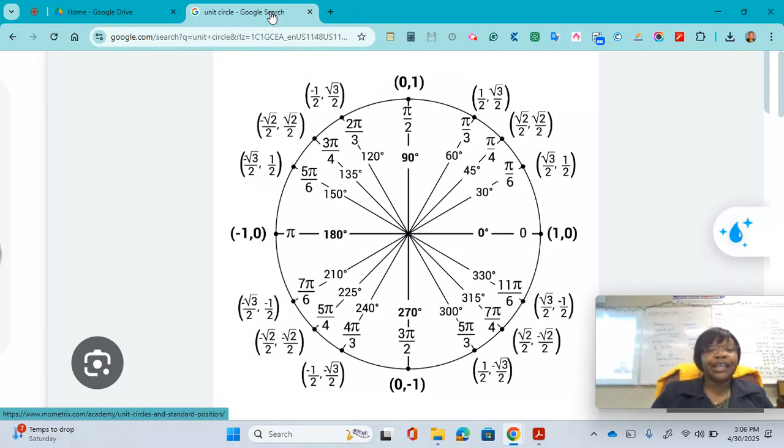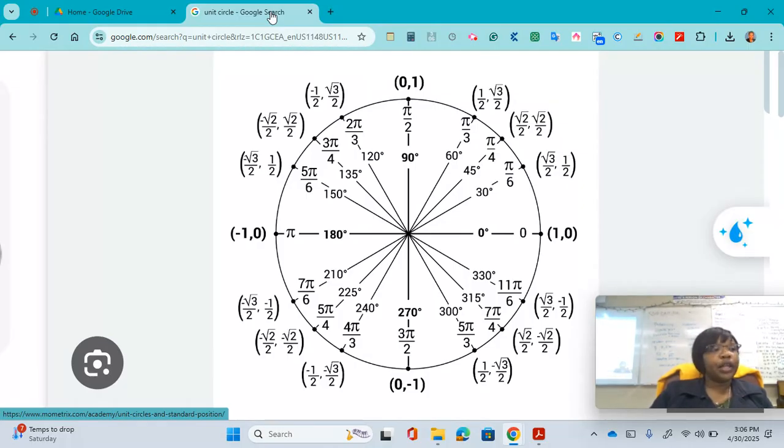Or we could say negative pi over 3. Because when we're talking about our sine function, we're only going from positive pi over 2 to negative pi over 2. A negative angle goes clockwise.